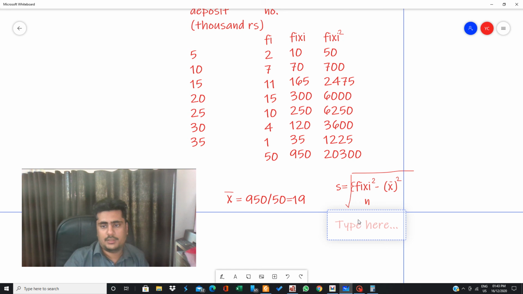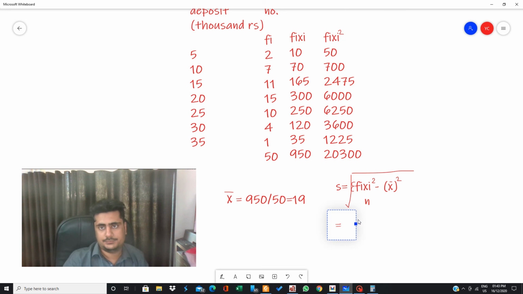So this sigma fi xi square on n, minus x bar square.